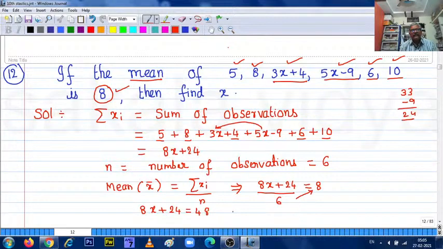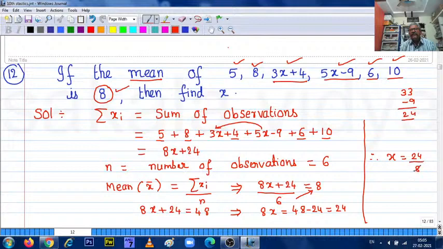Now take 24 to this side. We get 8x equals 48 minus 24, so that will be 24. But we need the x value. Therefore x equals 24 by 8. 8 threes are 24, so that is 3. Therefore the value of x is 3.